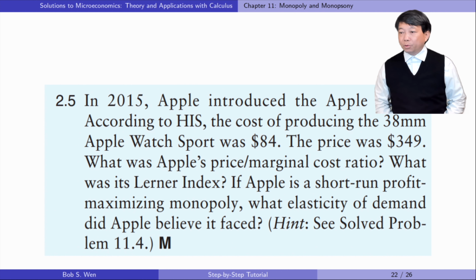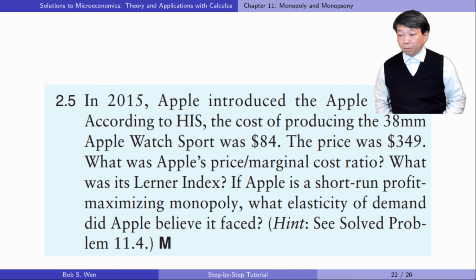Let's see exercise 2.5. In 2015, Apple introduced the Apple Watch. Suppose the marginal cost was $84 and its price was $349. What was Apple's price-marginal cost ratio? What was its Lerner index?